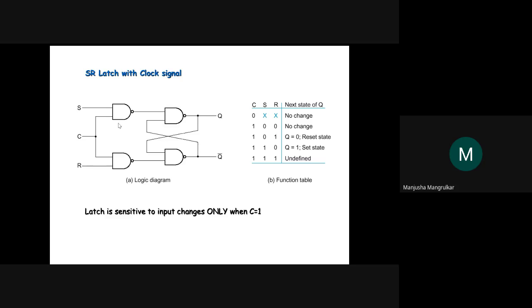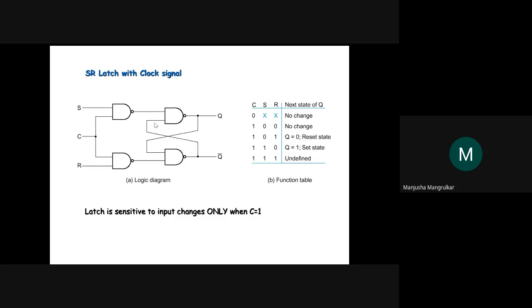Now one input is 1, the clock is 1, and the next input depends upon S and R. Suppose the first condition is 0, 0. Any one of the inputs is 0, so the output will be 1. Suppose Q equals 0, so Q complement is 1.